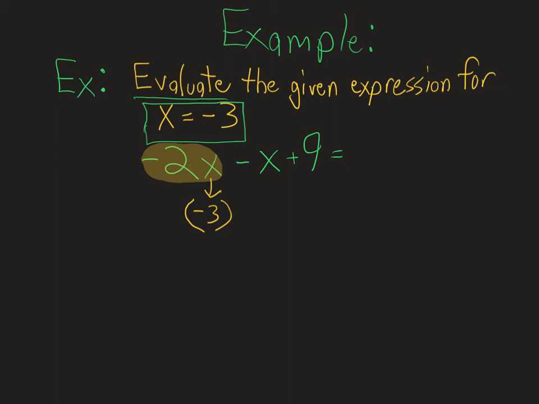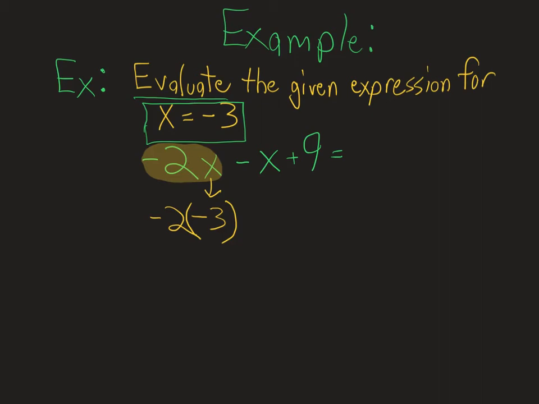So if we are not careful and we don't put parentheses, watch what happens. If I just plugged in negative 3 for the x and then brought down the negative 2, that does not look like multiplication to me. That looks like a subtraction problem. To make sure I still know it's multiplication, I have to put parentheses on there. And now it's negative 2 times the negative 3 that we just plugged in for x.